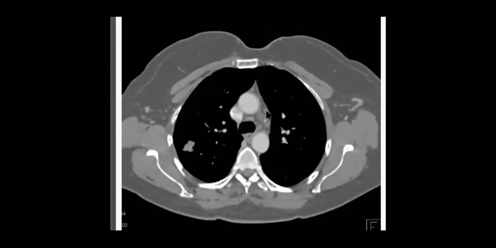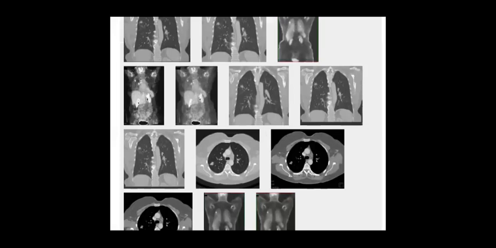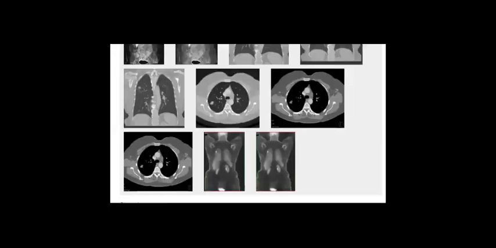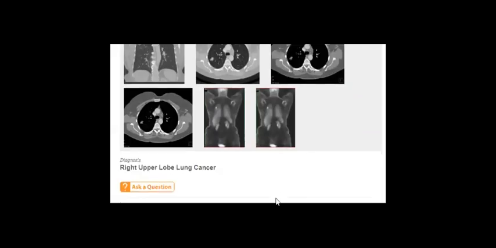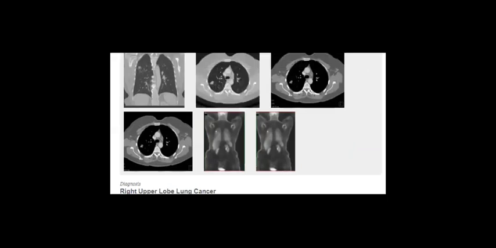Maybe in the axial here, maybe there are some lymph nodes, again with high uptake. Yes. So this one I think is easy, right upper lobe lung cancer, a small nodule, but it is high uptake, so it's lung cancer. Okay.